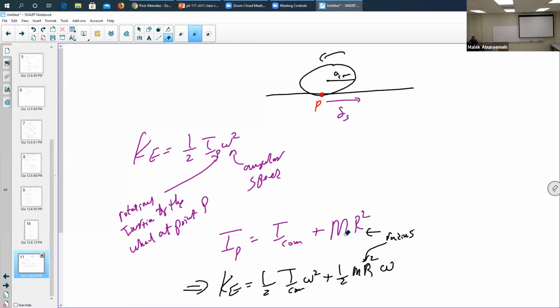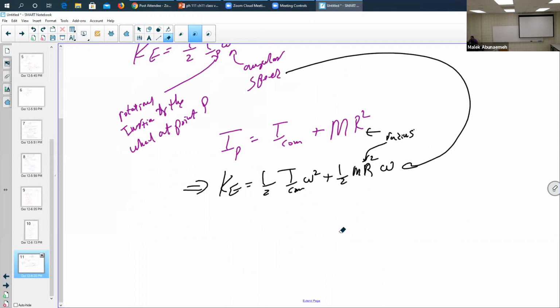That way you can actually see it. But the v center of mass equals omega R. I forgot to square over here.